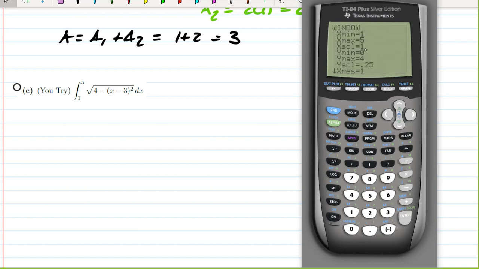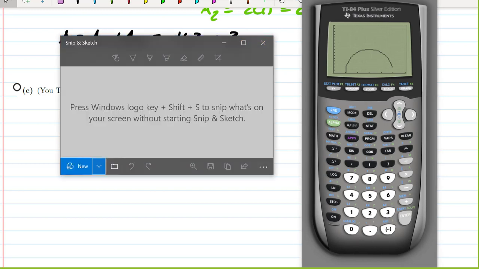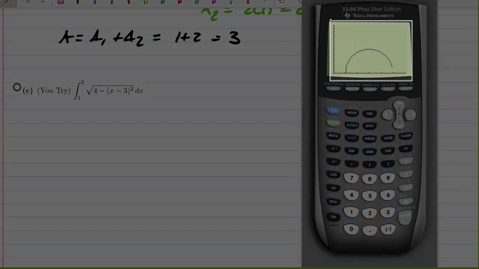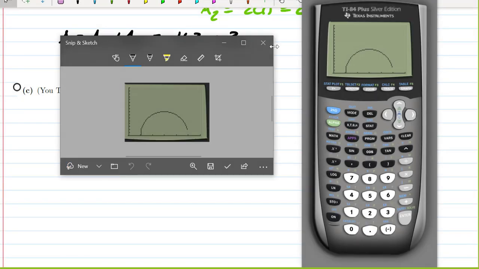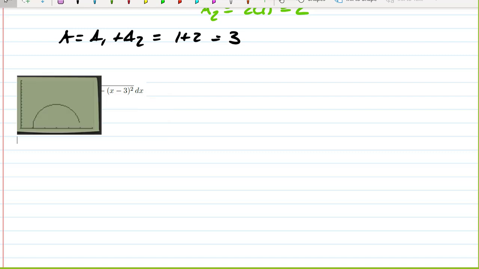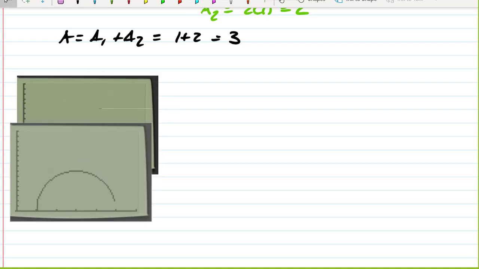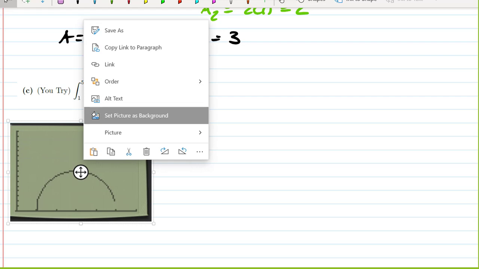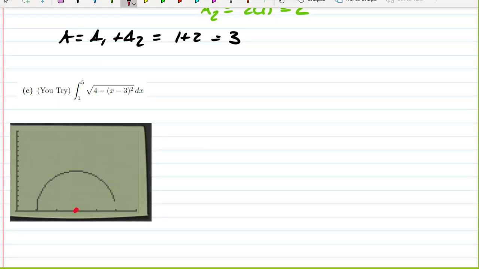So if I'm going from 1 to 5, I should probably do this, but we want to zoom, and let's change it to square. So we get something that looks like this, so it looks a little more circle-like. So we identify our geometric figure as a circle or a semicircle, with center here.